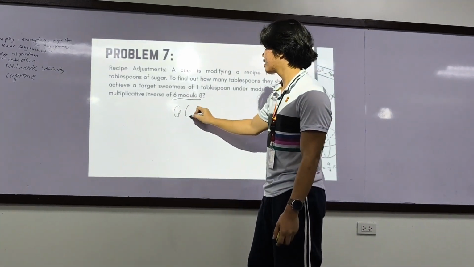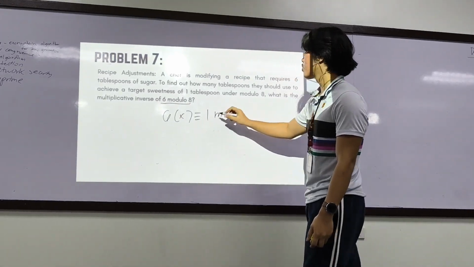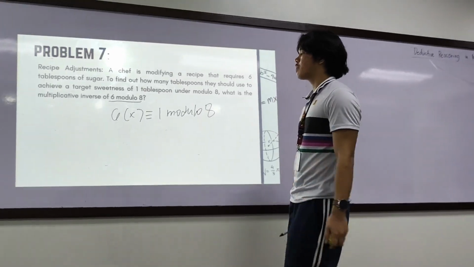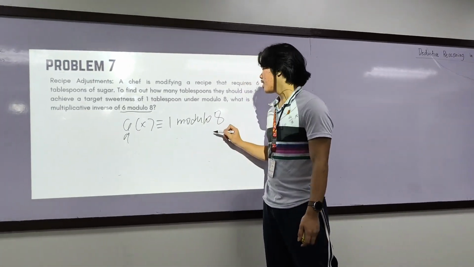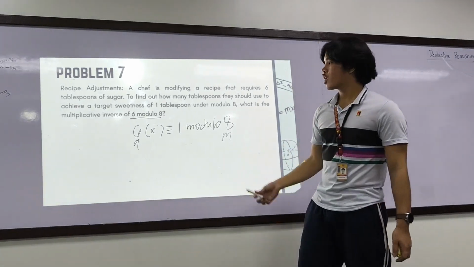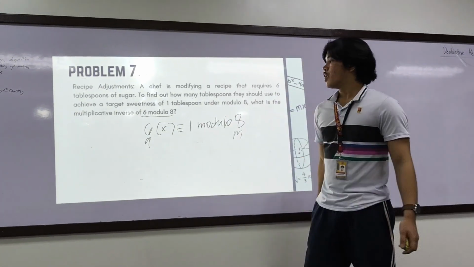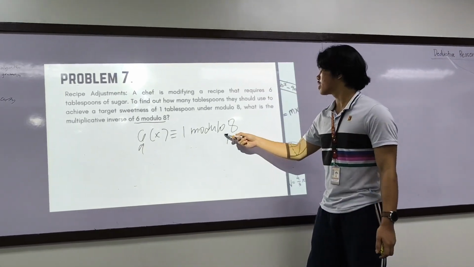So here, 6 modulo 8. As I explained earlier, A and M should be co-prime in order for it to have a multiplicative inverse. As you can see here, both A and M are even numbers.